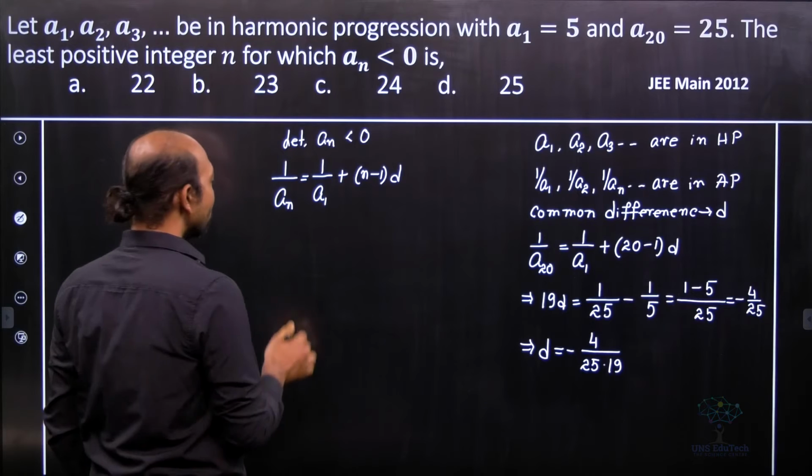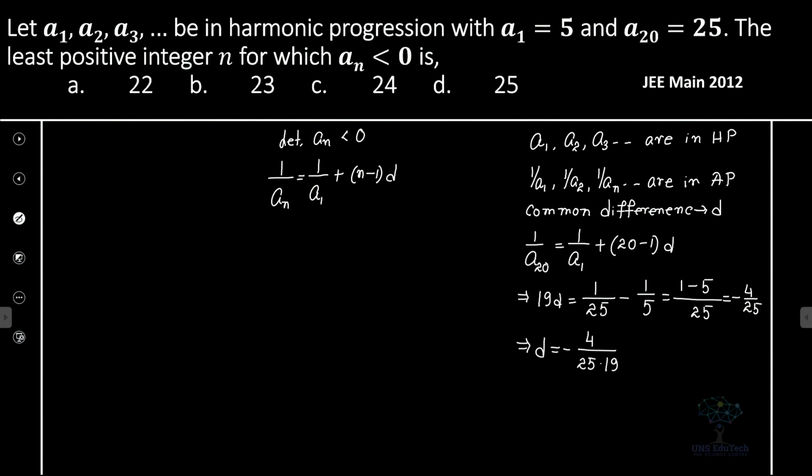Okay, let's see. Now, AN is less than 0. So that definitely implies that the reciprocal is also less than 0. So we can easily say that 1 by A1 plus n minus 1 into D is definitely less than 0. That implies n minus 1 into D is less than minus 1 by A1.